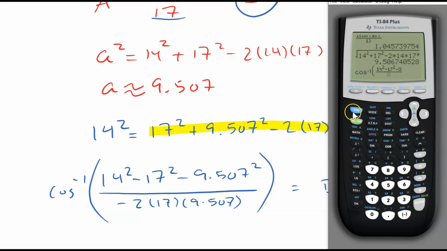And I'm going to use the answer command since that 9.507, the full decimal, is sitting right there. So when I do that, I get 55.436.